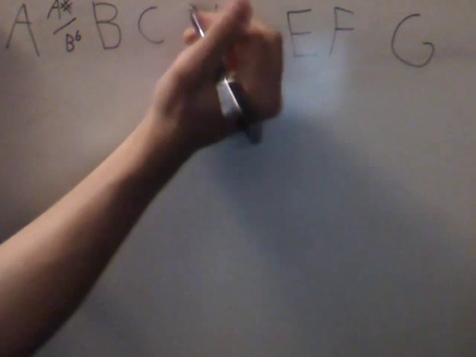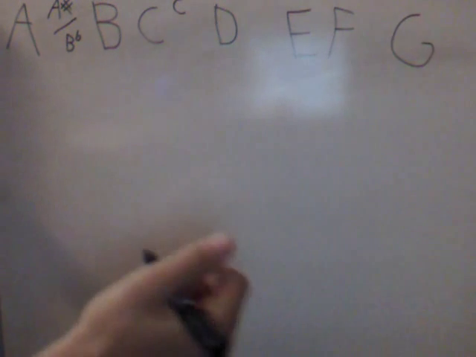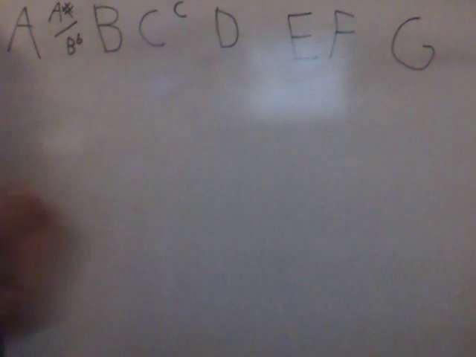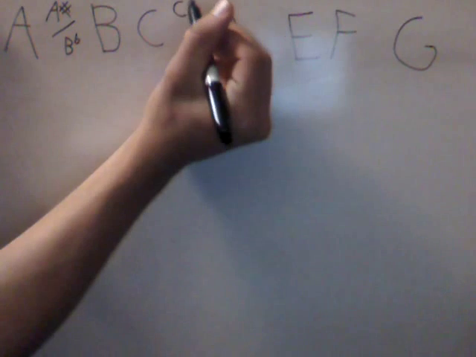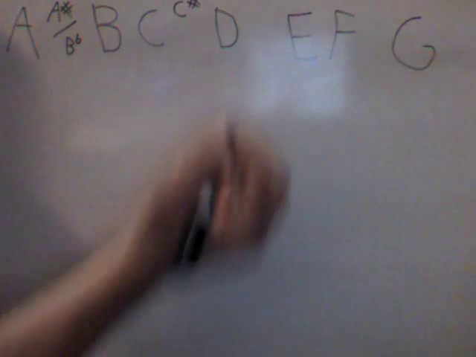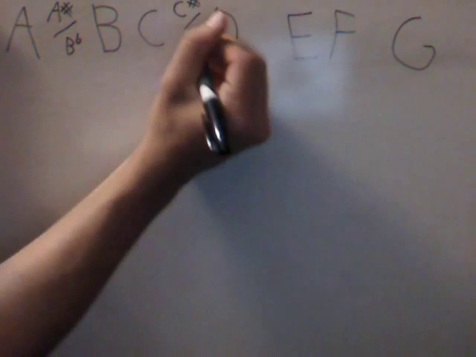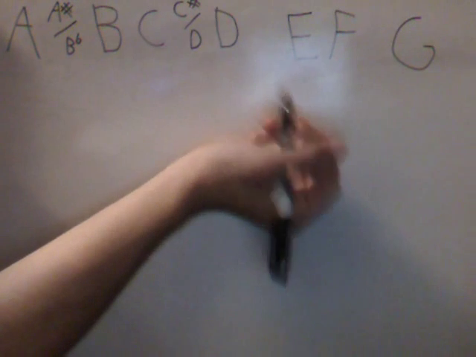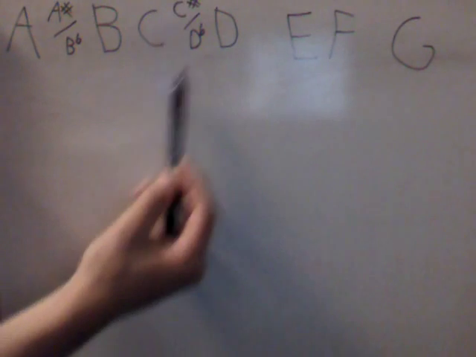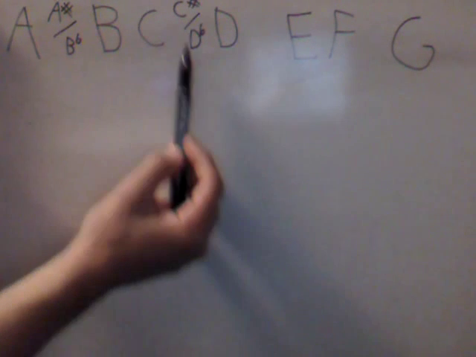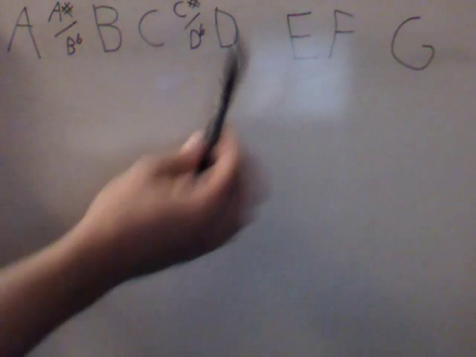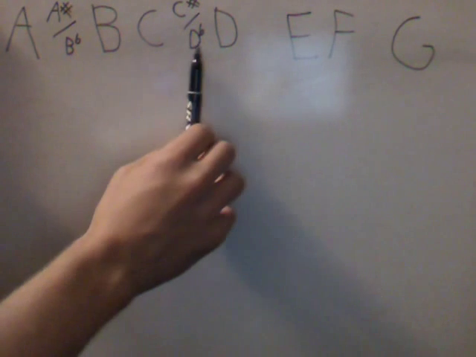Well, we'll follow the same thing: this one is a C what? A C sharp, or it can be called what? A D flat. C sharp because it's the note above C, and D flat because it's the note below D. So that's the fifth note of the sequence.